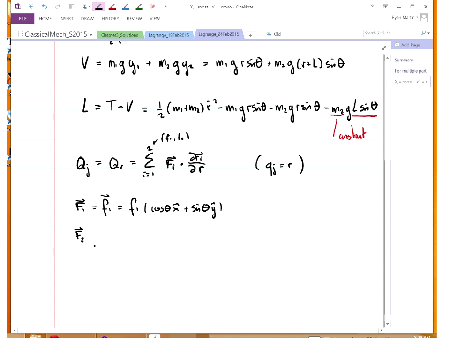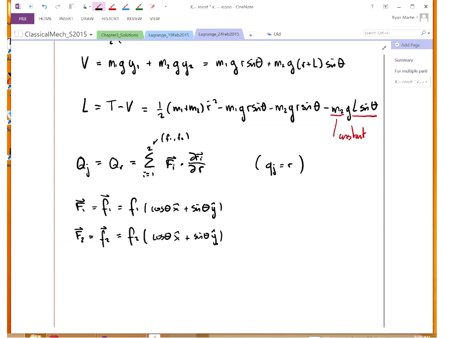Capital F2, for the general form in the sum, we set equal to our friction force F2. As a vector, it's the same thing: a magnitude of F2, and the direction is positive in x and y, so cos theta x hat plus sine theta y hat.